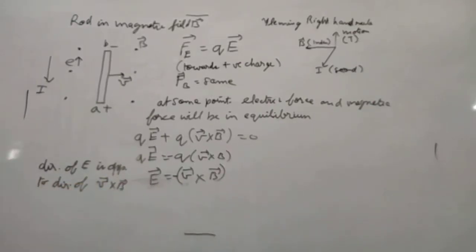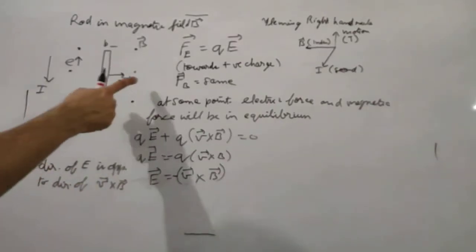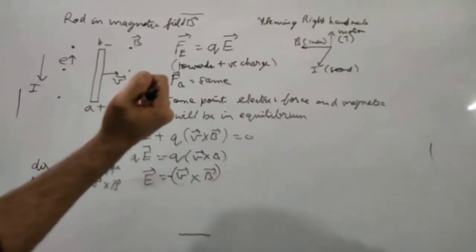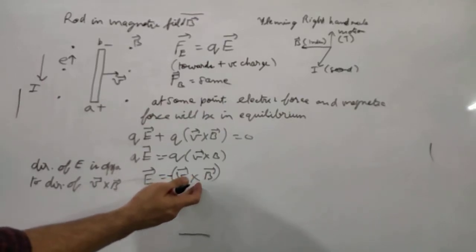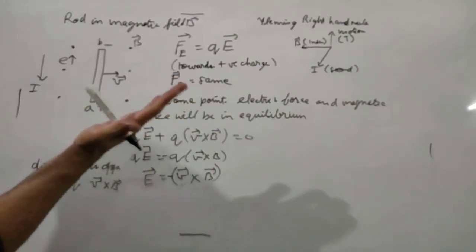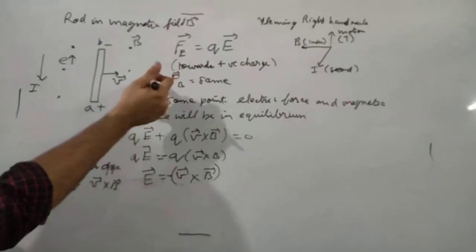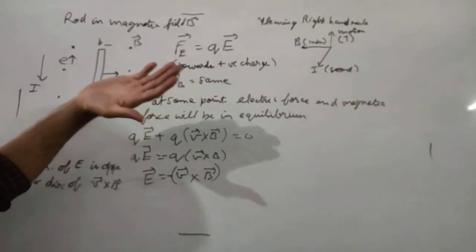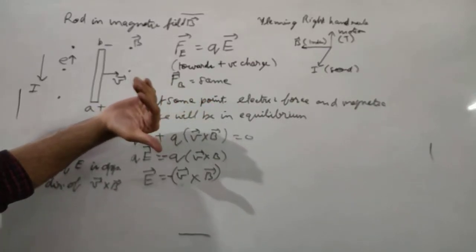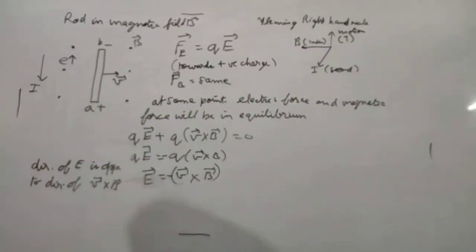So first of all, what is the direction of V cross B? This is V. The direction of B is outwards. Apply right hand thumb rule for cross product. We curl our fingers from V to B, that is from this direction to upward direction. Then if I curl my fingers from V to B, the thumb will point downward.